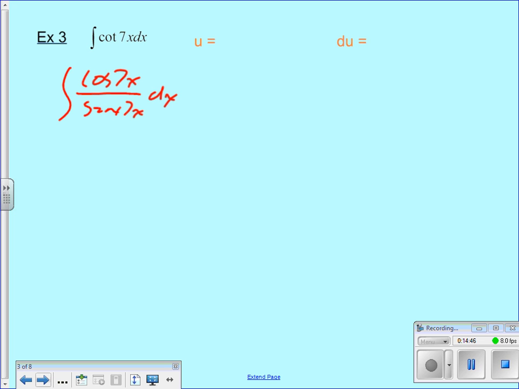I have choices. One works, one doesn't. Now you've got a 50-50 shot. Okay. One works, one doesn't. Bingo. Sine of 7x. Let u be the sine of 7x. Here's why.